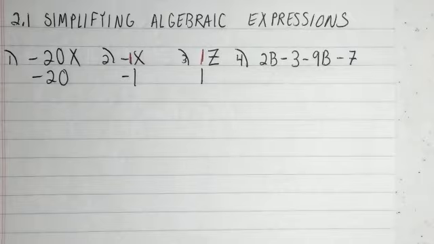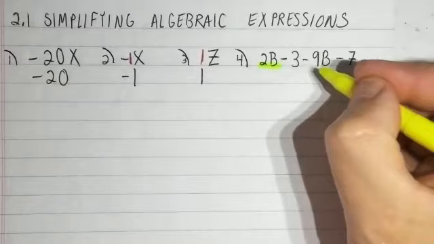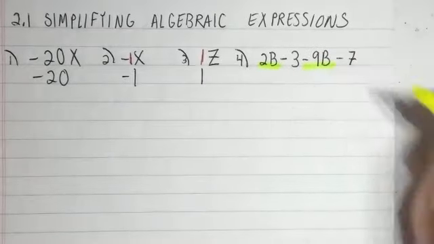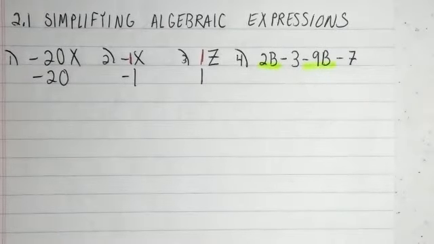I will tell you with 2.1, all the powers are going to be a power of 1. So you're not going to see any of these variables squared. So as long as our letters are the same, we know that 2b is a like term to the -9b.